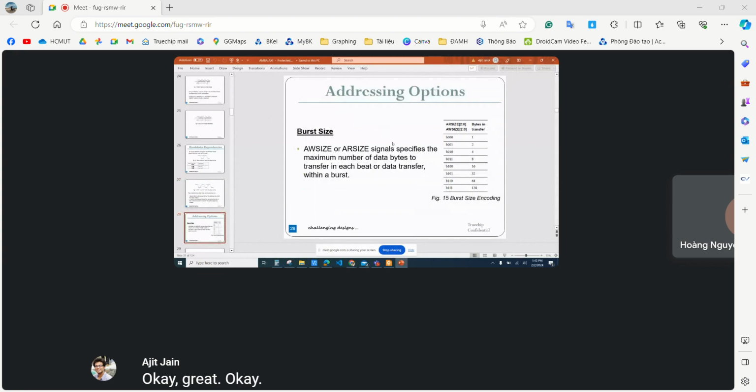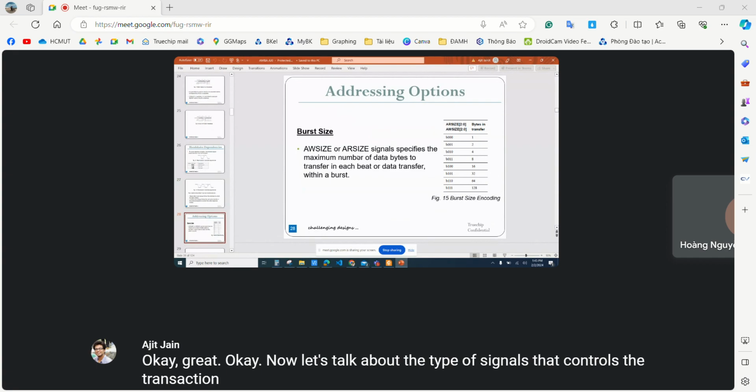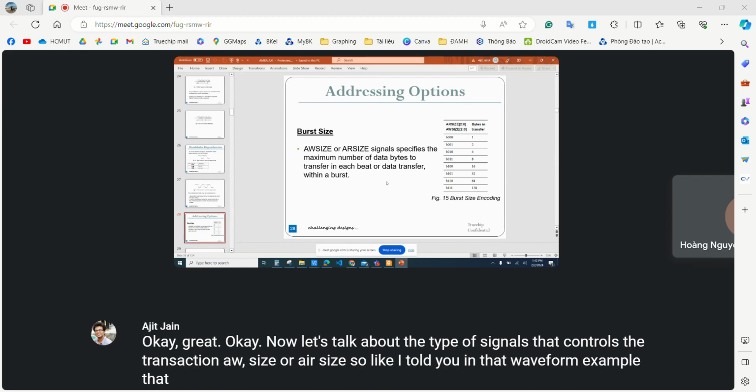Now let's talk about the types of signals that control the transaction: AW size or AR size. Like I told you in that waveform example, the master can tell in one transaction how many beats there are.